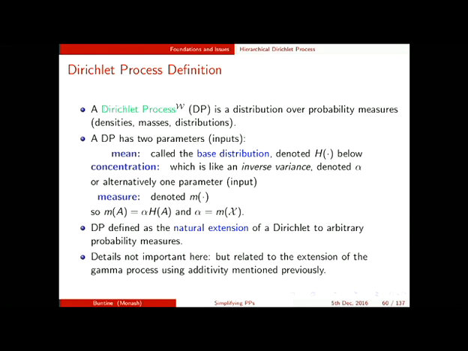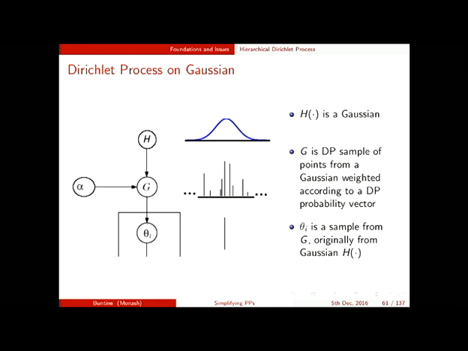Now here's an example. Our input measure, in this case, is a Gaussian. So that's our input measure, and our Dirichlet process is going to take this and output this.